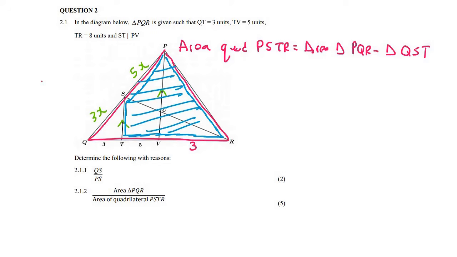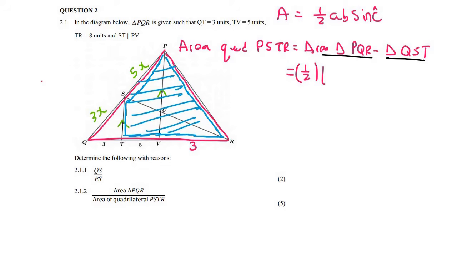Now, to try keep the number of variables to a minimum, I want you to realize that this triangle and this triangle, they both share this common angle Q. So let's use that common angle Q. So we can say that that's going to be equal to the area of PQR. The formula that I'm going to use is area is equal to a half AB sin C. You know that formula. So it's going to be a half.